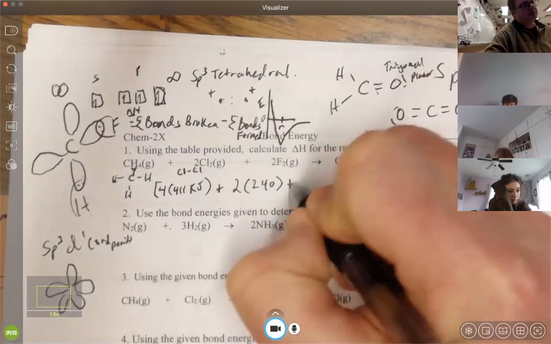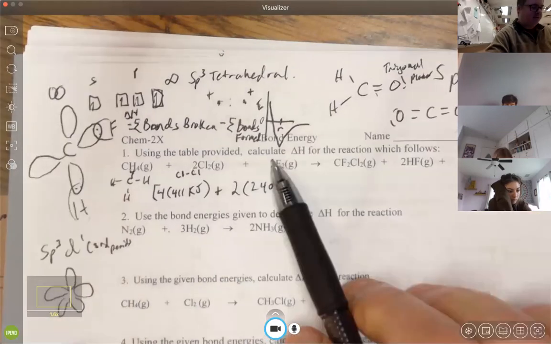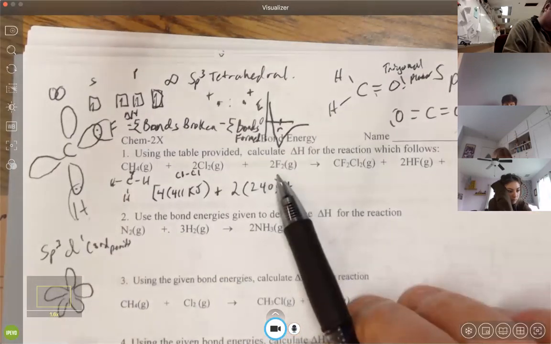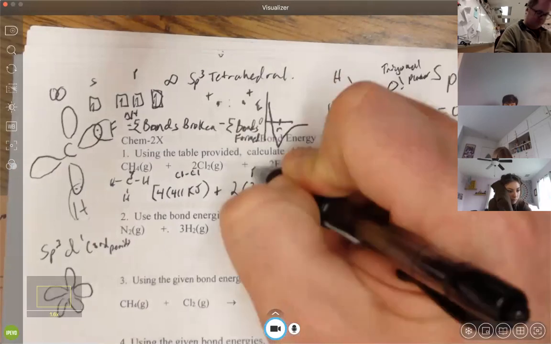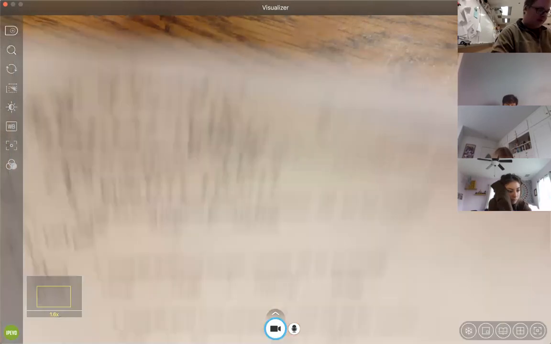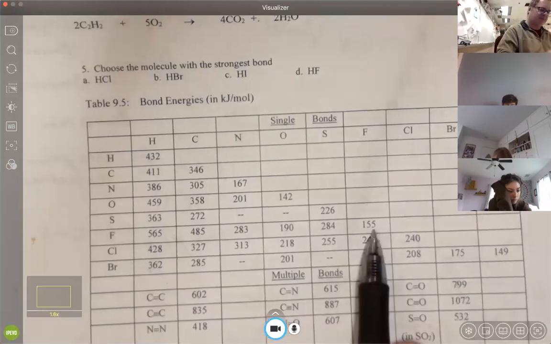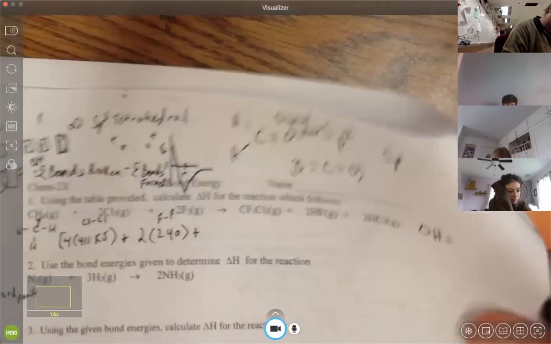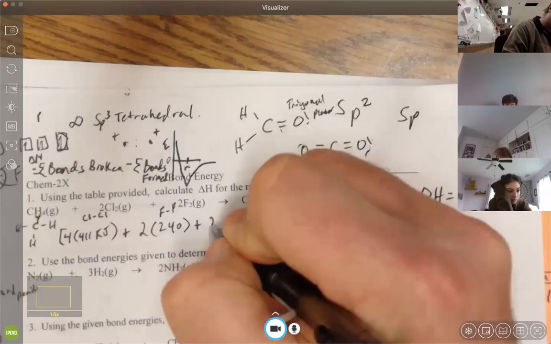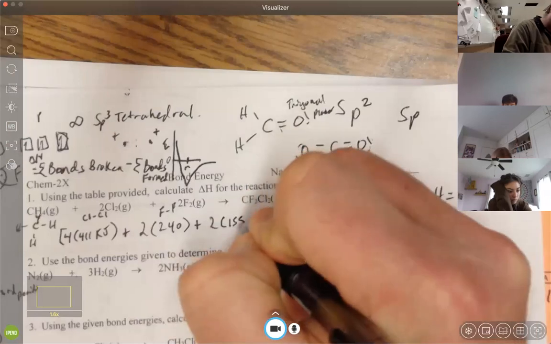Plus, here we have F2. So it's the same case except it's with F. F to F is 155. So we'll multiply that by 2. All of these are in kilojoules, by the way.